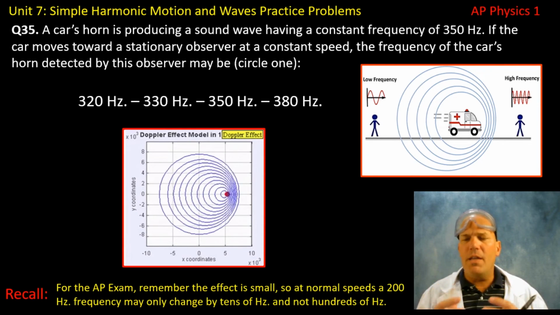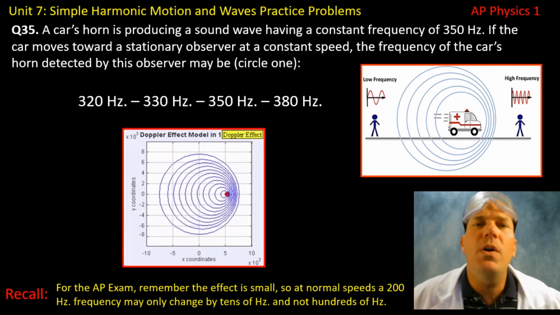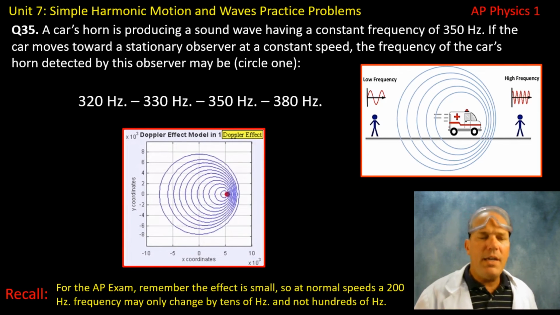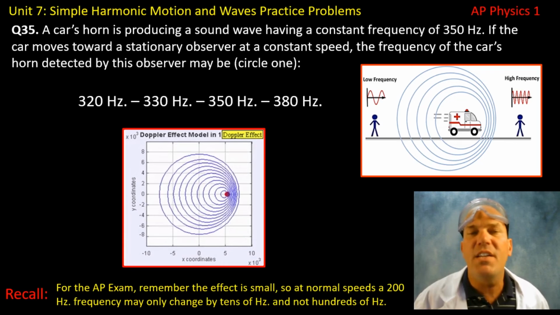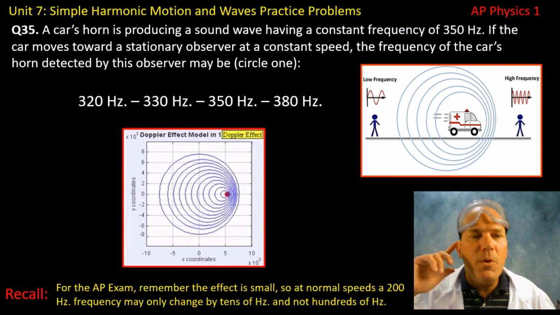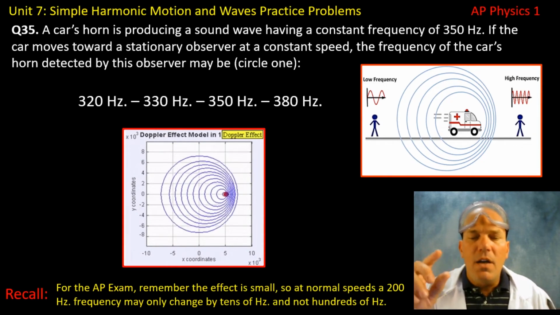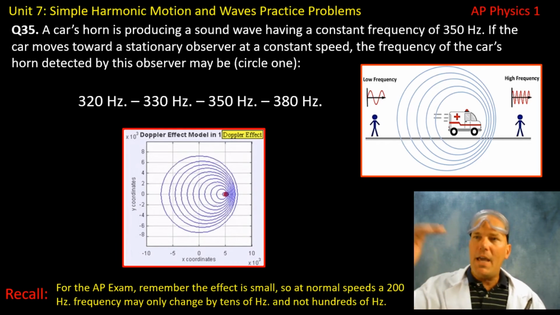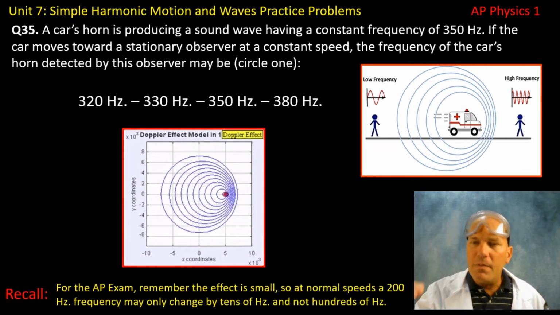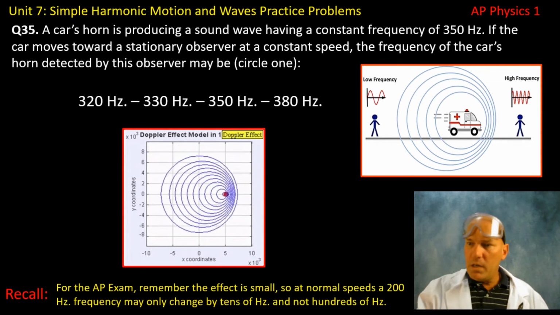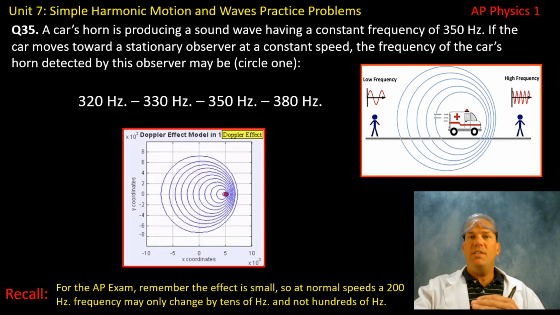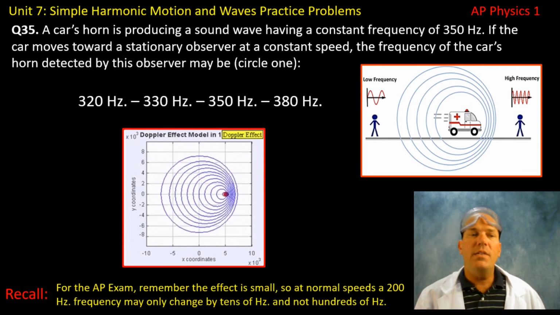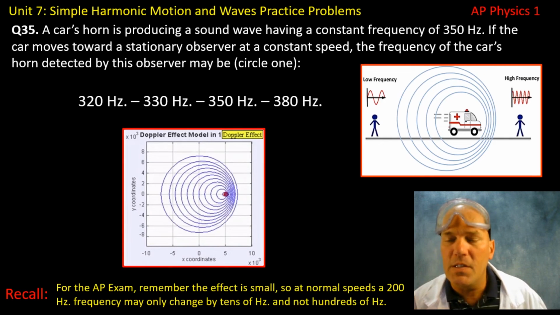So at normal speeds of, say, 200 hertz, we're looking at frequency changes that are detectable by the observer of tens of hertz, not hundreds of hertz, because you may get an MCQ that has differences of Doppler effect that are over 100 hertz different. No, tens of hertz is the detectable difference.